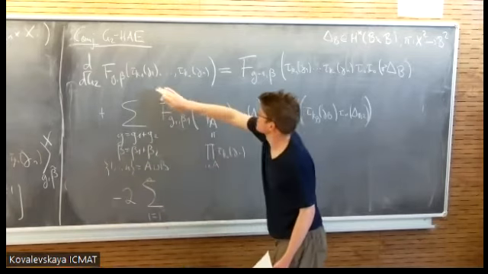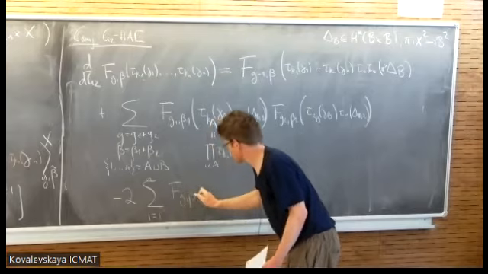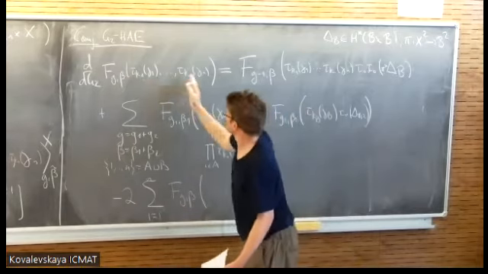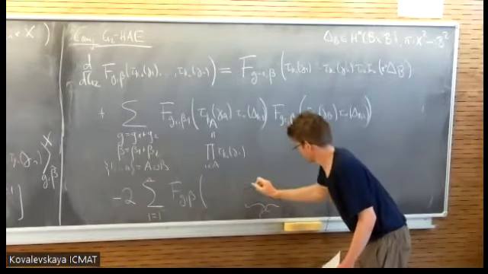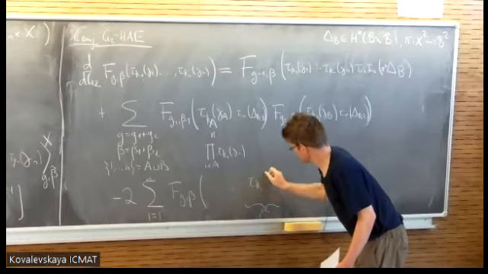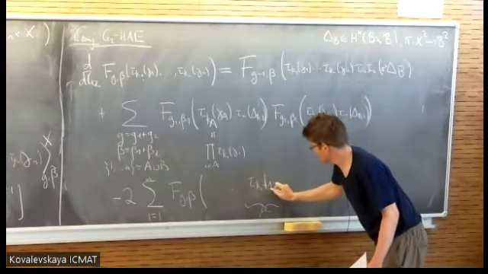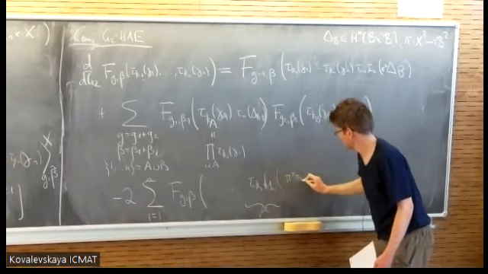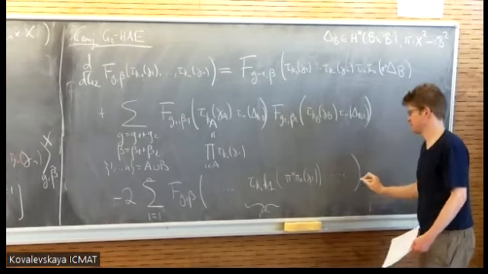The sum is over the markings, the genus stays the same, the beta stays the same. And all of the insertions stay the same, except for the i-th one. For the i-th one, you replace tau Ki by tau Ki plus 1, so increase by 1. And then on gamma i, you apply the following operator. And then the rest is the same.